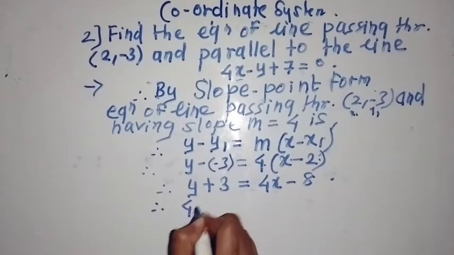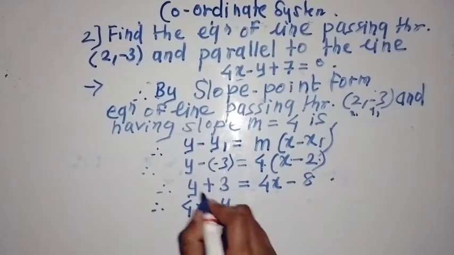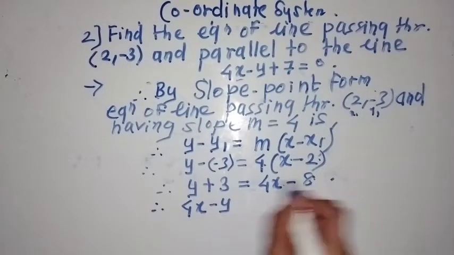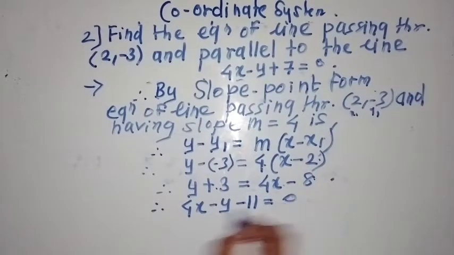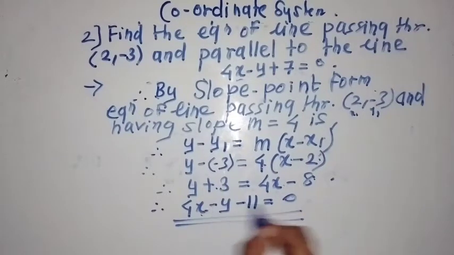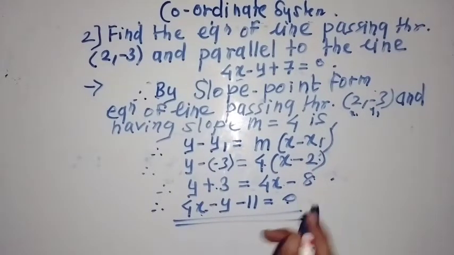Hence we get 4x minus y minus 8 minus 3, minus 11 is equal to 0. Hence this is the equation of the required line.